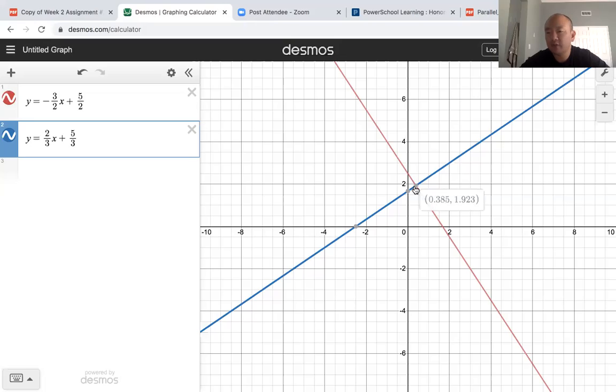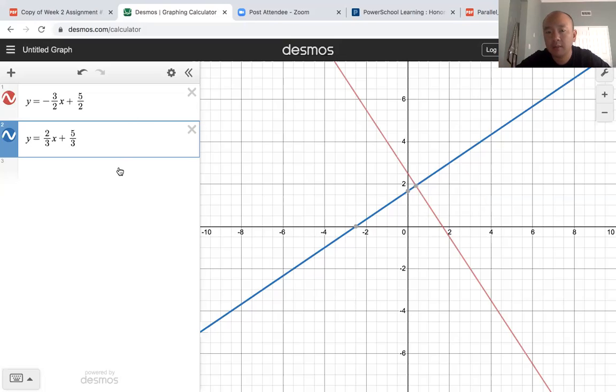So if they ever ask for the solution of a system of linear equations, a lot of math is just getting past the language. Systems of equations sounds like a big concept, but all they're asking for is the point of intersection. That's the solution. But for the purposes of this exercise, we know the lines are perpendicular.